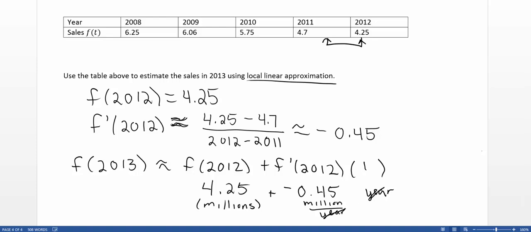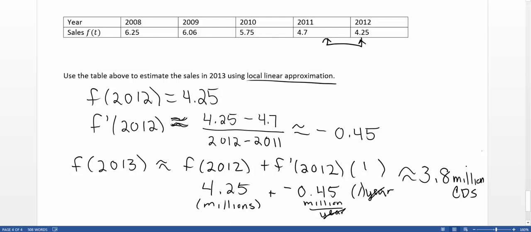So the years units are going to cancel. And I'm going to multiply the 1 times the negative 0.45. And anything times 1 is itself. So when I crunch this number, I get 4.25 minus 0.45, and I get 3.8 million CDs as my approximation.